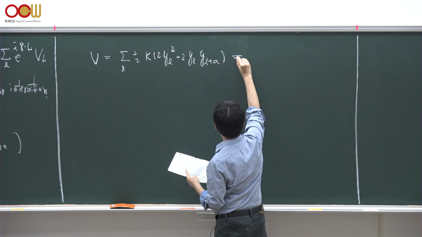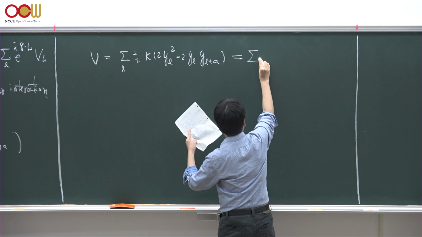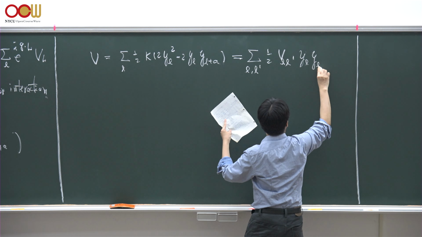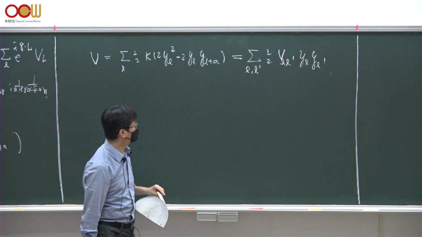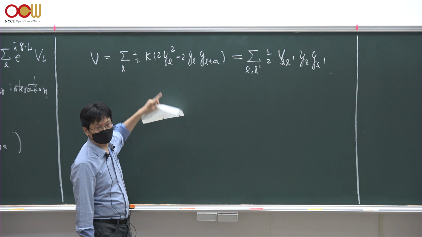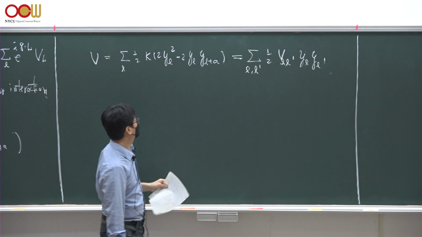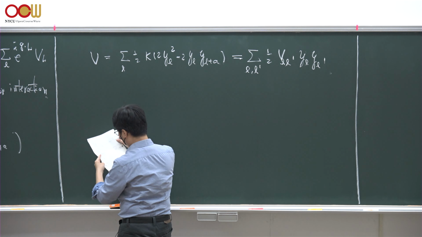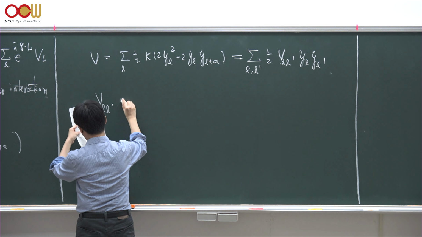But we need to put it into the standard form, which is the summation over both l and l prime. Then we can identify the matrix element V_{ll'} by this identity on the left-hand side, of our nearest neighbor approximated form. So now let's identify this V_{ll'} matrix element.